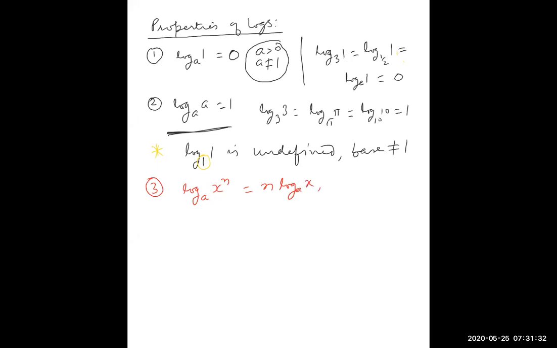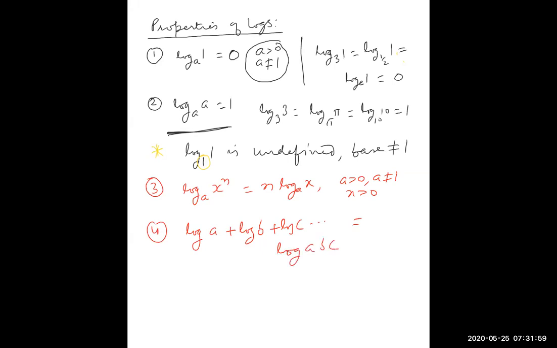Here also a must be greater than 0, a cannot be 1, and x must be greater than 0. Fourth property which I have given to you was log a plus log b plus log c. There may be more numbers. This is equal to log of abc.